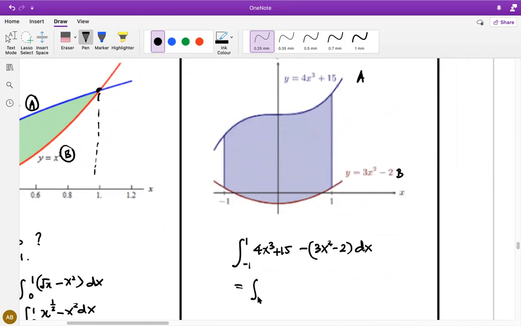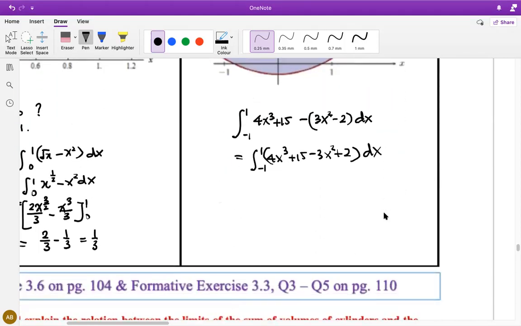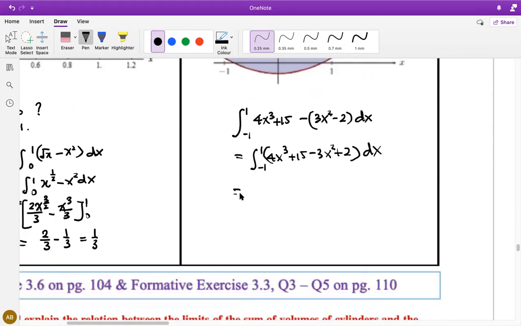So you get the integral from -1 to 1 of 4x cubed plus 15 minus 3x squared plus 2, dx. Okay, then you integrate. Oh, not yet. So we simplify first.